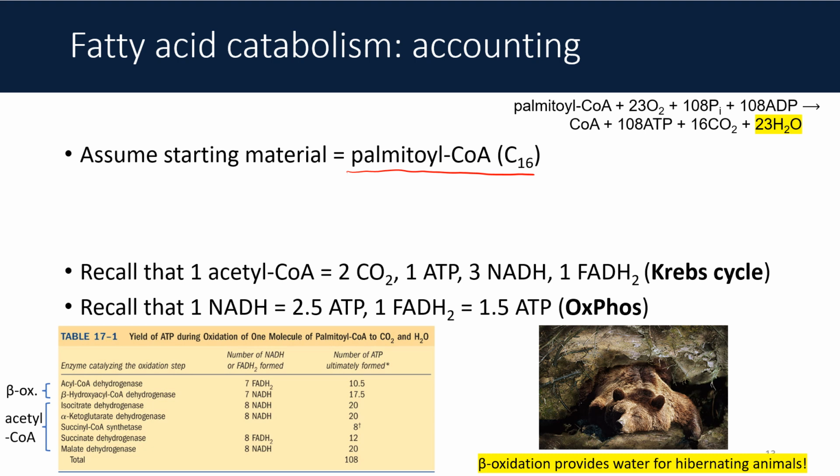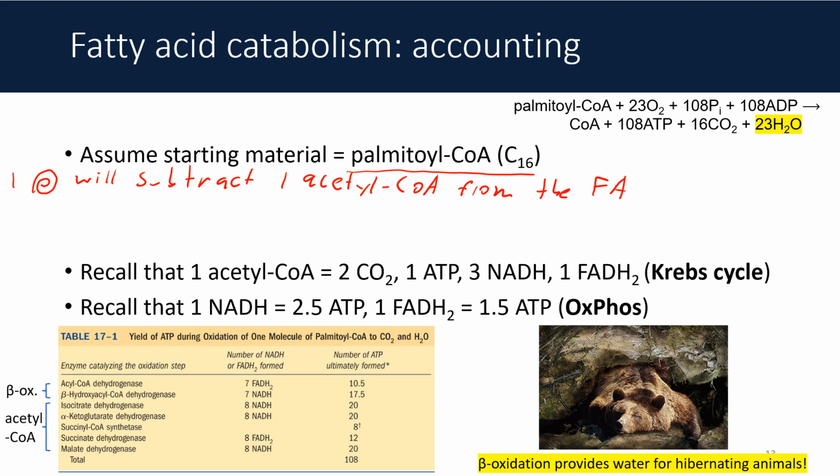The first rule I want you to understand is that every spiral is going to subtract one acetyl-CoA unit from the fatty acid being digested. So each spiral is going to reduce it from C16 to C14 to C12 and so on.